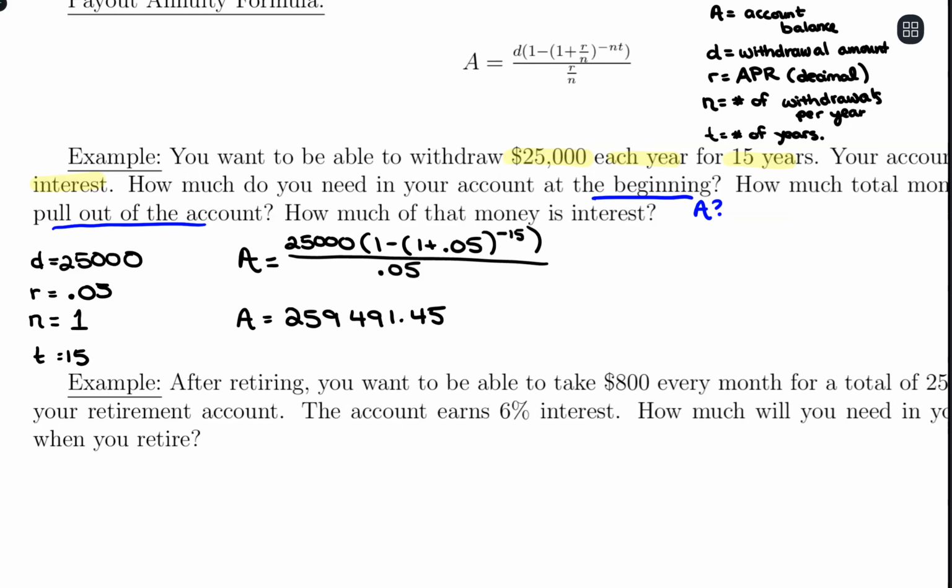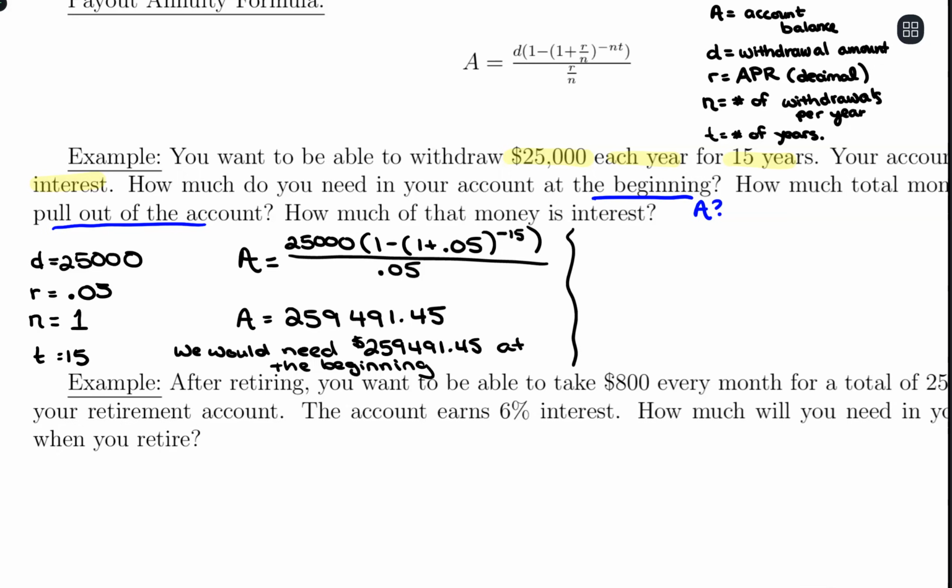So to work with this account, we would need that amount of money, $259,491.45, at the beginning, if we want to be able to take out $25,000 each year for 15 years.